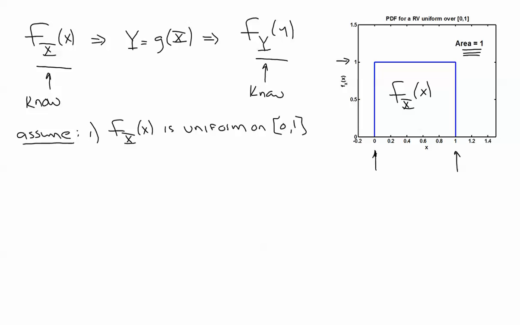Why is this interesting to me? There are random number generators built into your calculators. So for example, if you look on your calculator somewhere, if you have a scientific calculator, you're probably going to find a button that's got RAND on it somewhere, something to that effect.